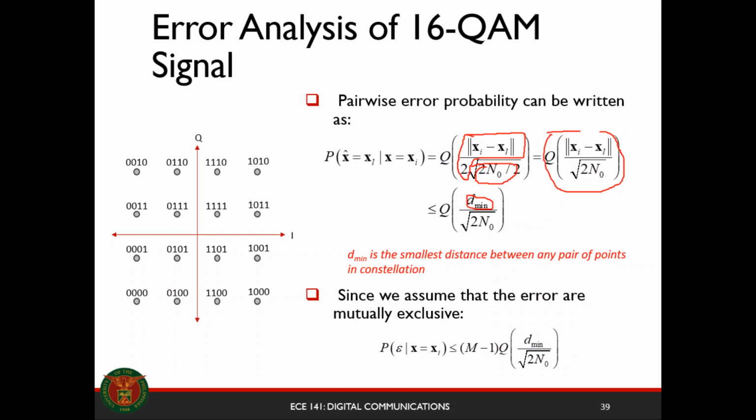Since we assume that the errors are mutually exclusive, the probability of error has a maximum value of this expression right here. So this is the worst case scenario for your system. If someone asks you, 16 QAM is what you're going to use, what is its performance?